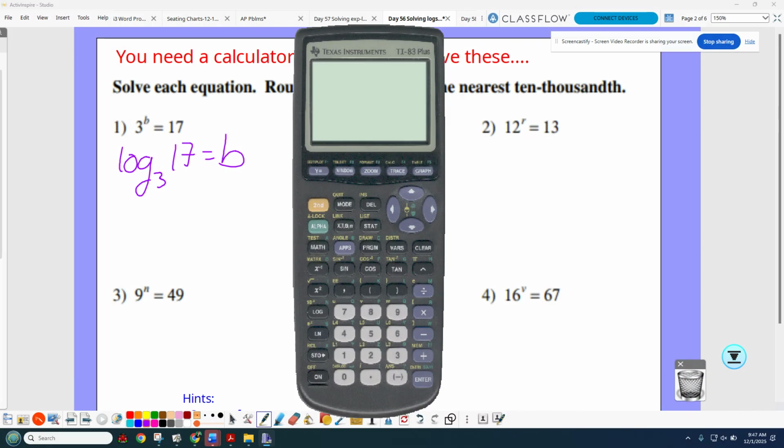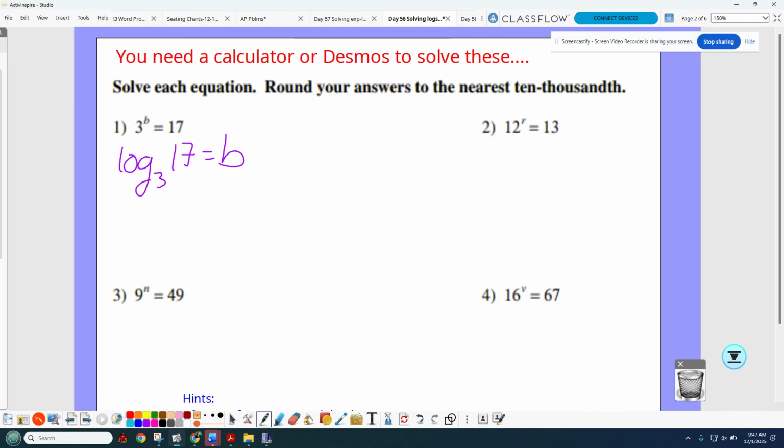Resounding silence. Log base a of x equals log x divided by log a. So in this case, base goes in the basement. I can do log base 10 of 17 over log base 10 of 3.